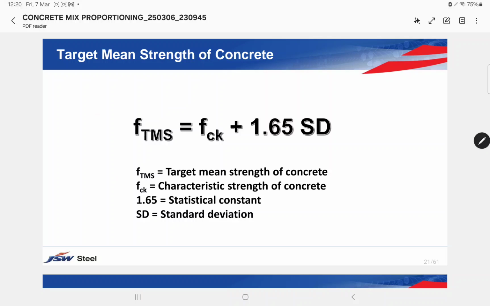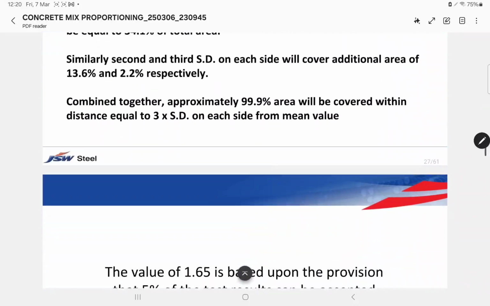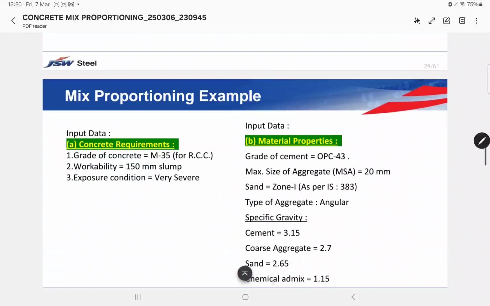Here, FCK is the characteristic compressive strength. For example, if we are designing for M35 grade, then this is 35, and 1.65 is a constant, and this is the standard deviation. I will skip these things, but later on I will catch up.